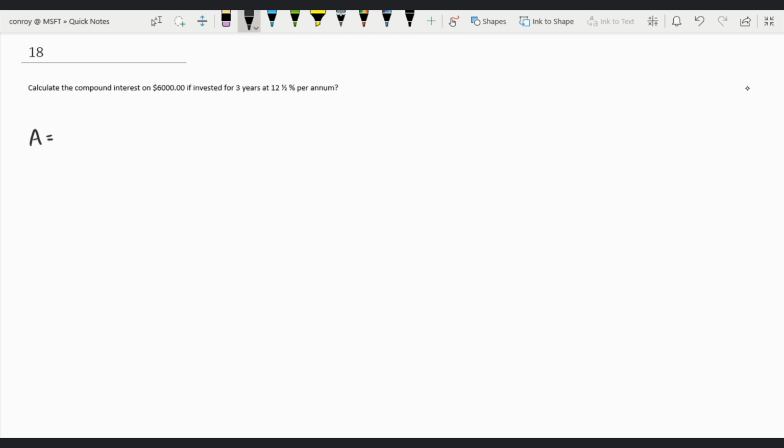A is equal to P times 1 plus R over 100 to the power N, which is the number of years. Our principal is $6,000. Our rate is equal to 12.5 per annum, and our time is equal to 3 years.